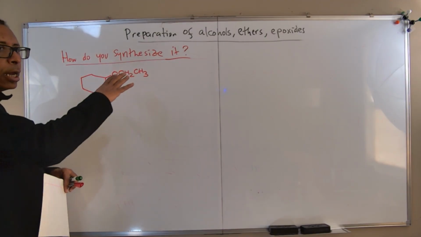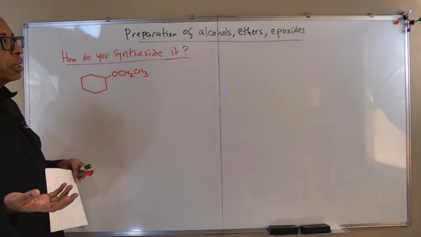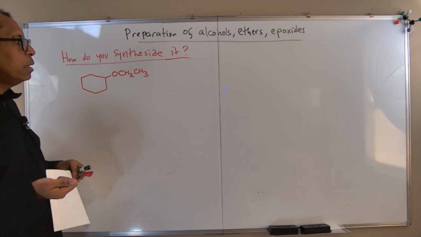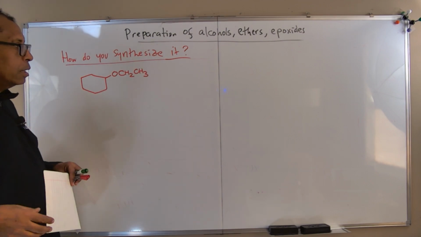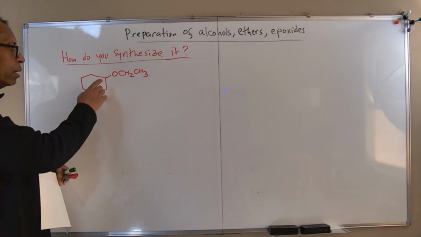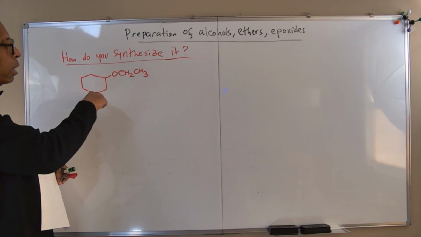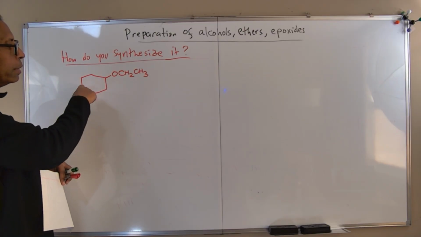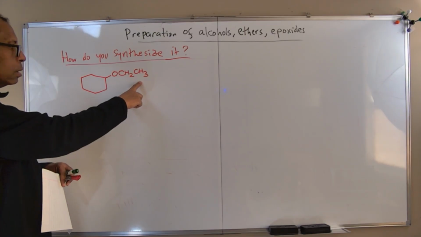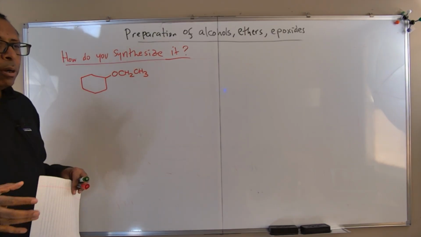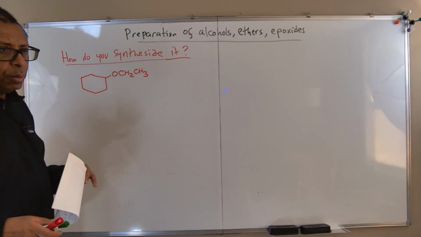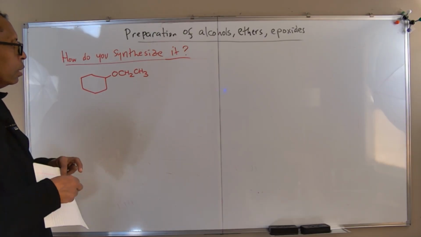So here I have one question. I just want to explain a more practical way of synthesizing ethers. So you have here a cyclohexyl ethyl ether, which is this. So how do we synthesize this ether? I'll go deeper in this.